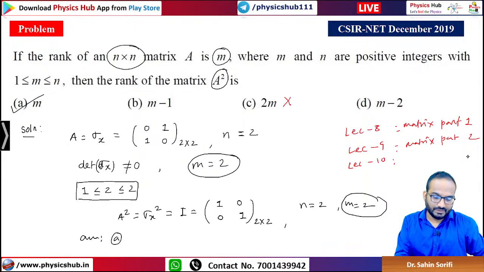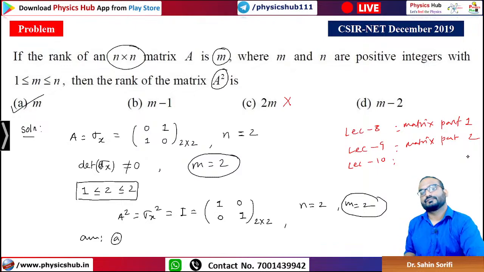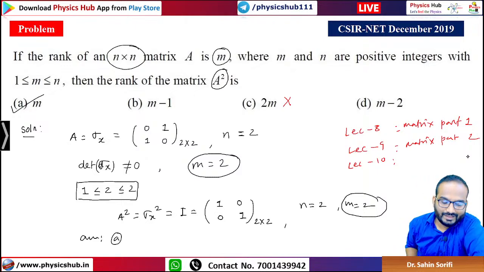Elementary operations do not change the rank of the matrix. Elementary change, you cannot make a generalized statement like this.